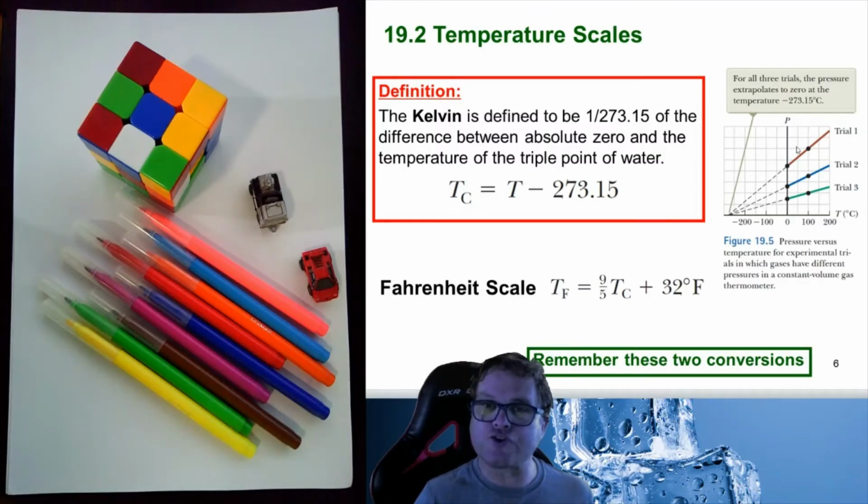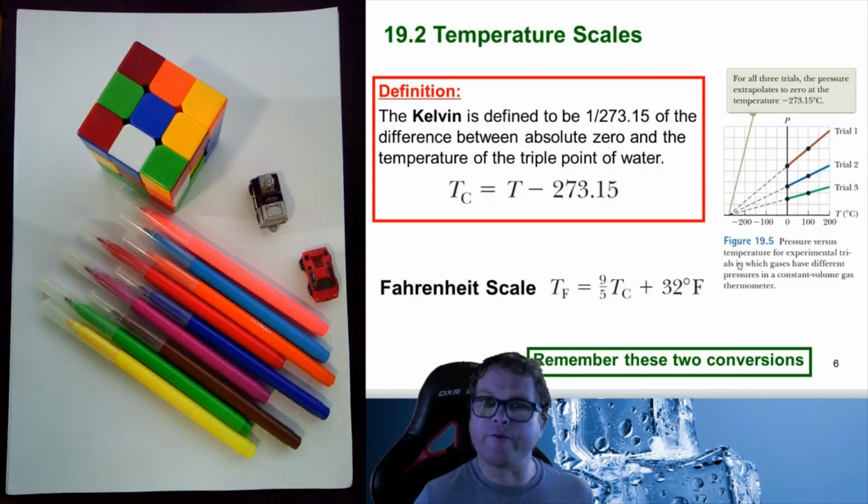They extrapolated each of these lines backwards, and they found that they intersect at this point on the x-axis, at a temperature of -273.15 degrees Celsius. That's this point here.